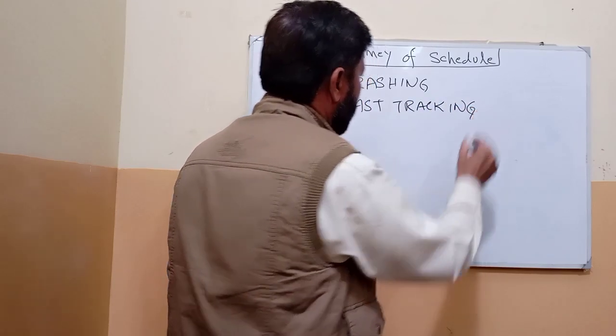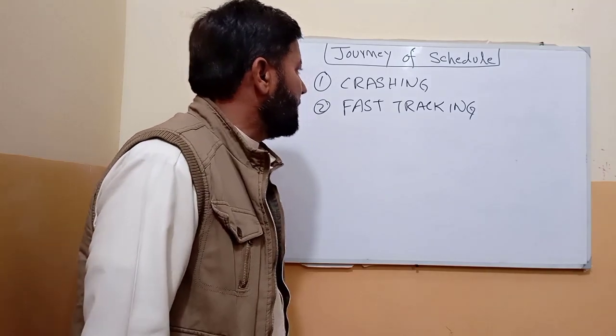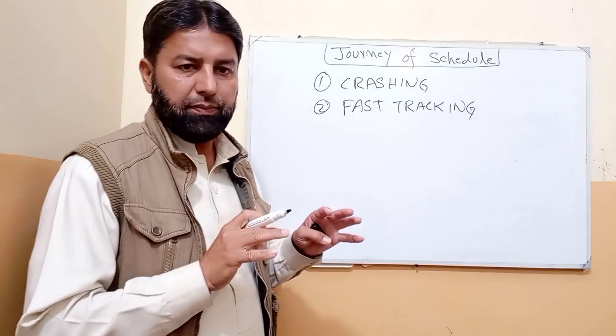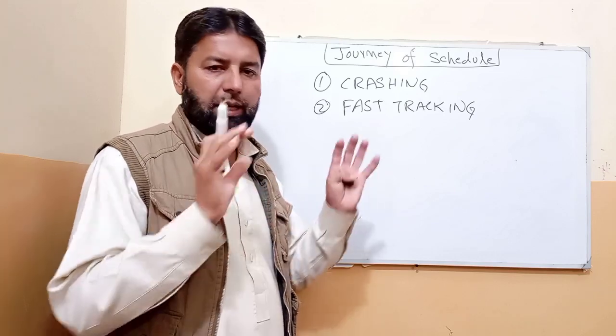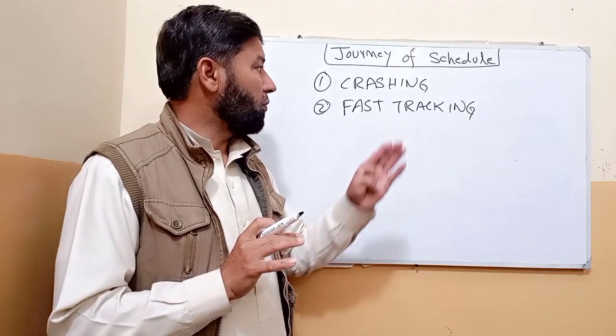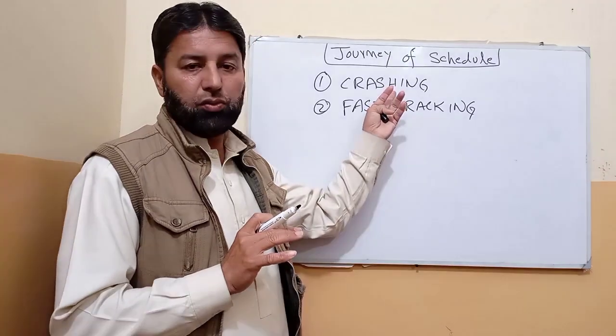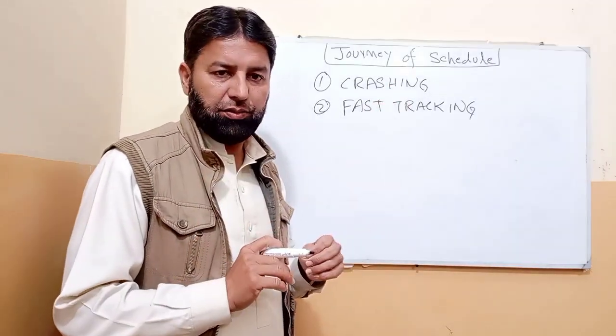What do we do in crashing? We add more resources. For example, two welders are working and we add one more welder. When we add resources, cost increases.